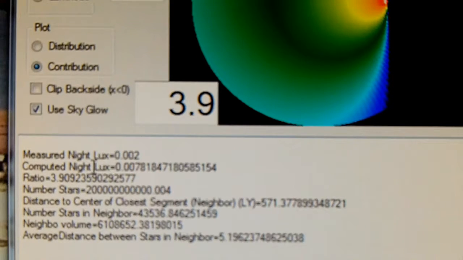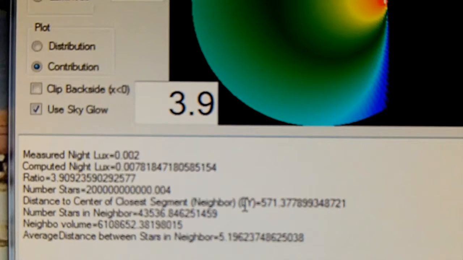This is the computed nighttime lux based on the stellar distribution. This is the ratio. This is the total number of stars that are accounted for. In other words, when we integrate over this area, we add up the number of stars as a check to make sure we had no problem with the integration, that we ended up with the same number of stars that we anticipated. This is the distance to the center of the closest segment.